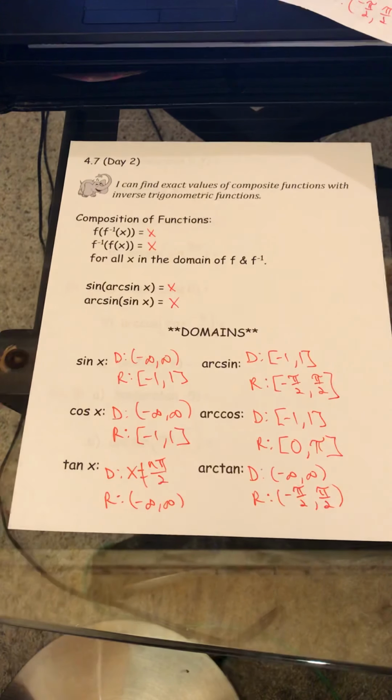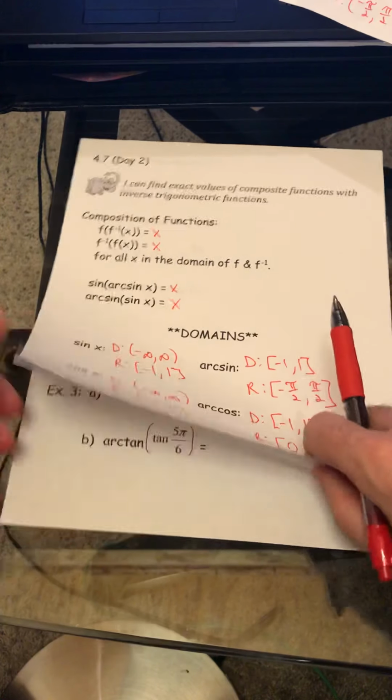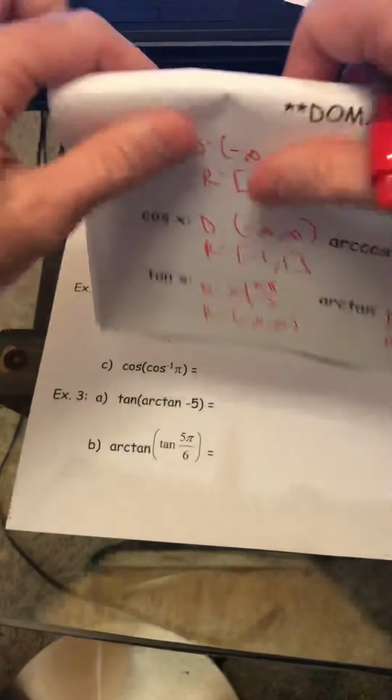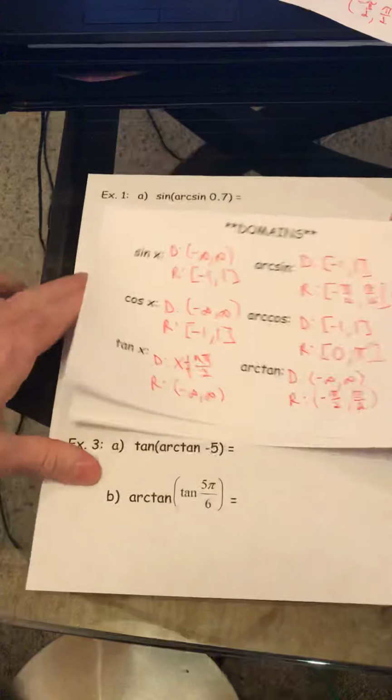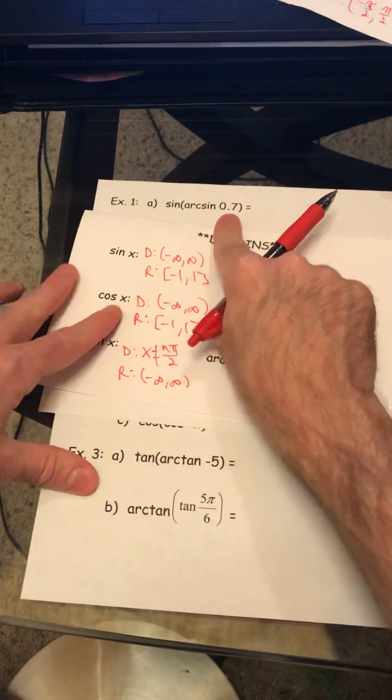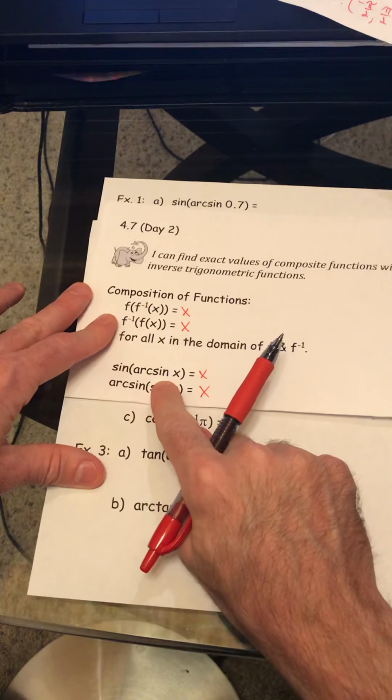But we're now going to talk a little bit about inverse functions. So, if we were to ask you sine of arcsine of 0.7, well, going back to right here, the sine of arcsine of x is x.